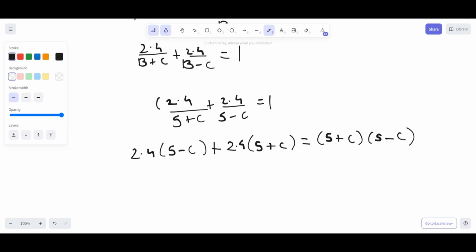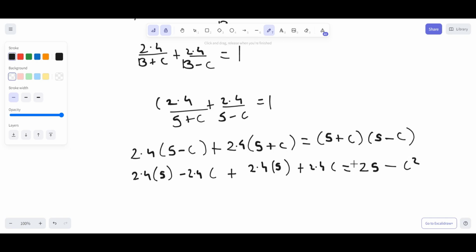So steps for solving: we can singularly multiply, 2.4 into 5 minus 2.4c plus 2.4 again into 5 plus 2.4c equals 25. 5 5s are 25, and c into c becomes c square.